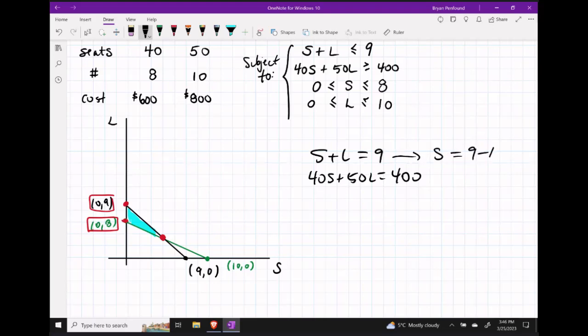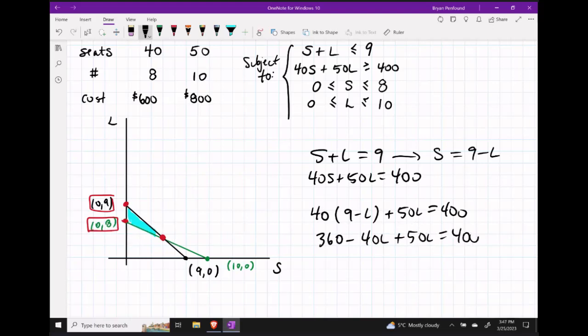It's going to be 9 minus L. And if S is 9 minus L, that means that 40 times 9 minus L plus 50L should be equal to 400. 40 times 9 is 360, minus 40L plus 50L should be 400. Now 50 take away 40, that's going to be 10L. And then 400 take away 360 is equal to 40. If we divide both sides by 10, we get that L is equal to 4.